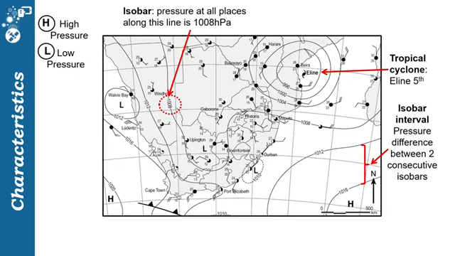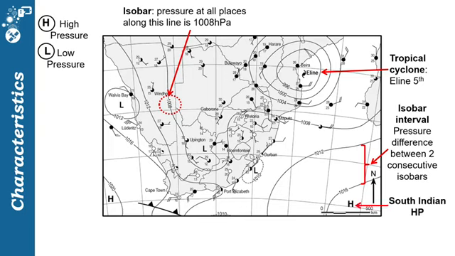So I have here 1012 and 1016. So we take the highest one, 1016 minus 1012, okay? And that gives me an interval of 4 hectopascals. So in this case, the isobar interval is 4 hectopascals.